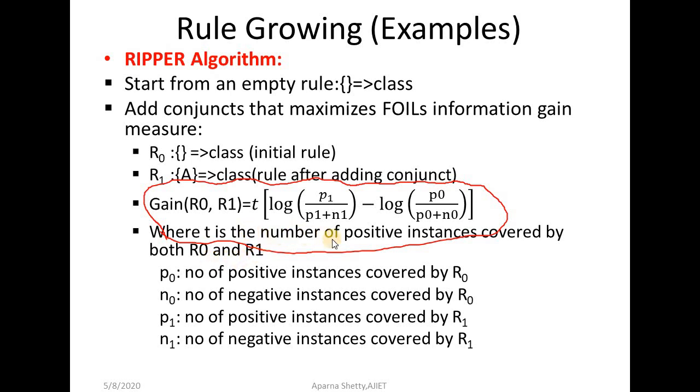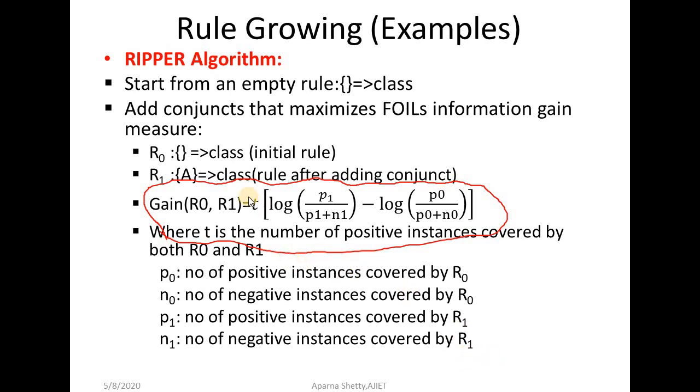So T is the number of records, or positive instances, covered by both R0 and R1. P0 is the number of positive instances covered by R0. N0 is the number of negative instances covered by R0. P1 is the number of positive instances covered by R1. And finally, N1 is the number of negative instances covered by R1.